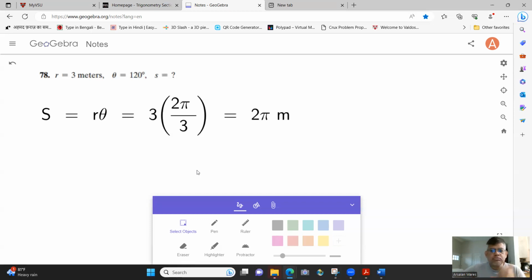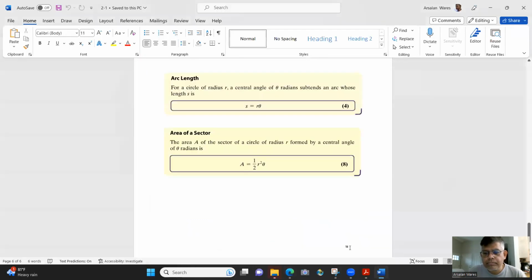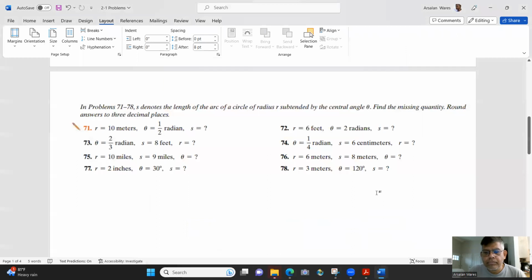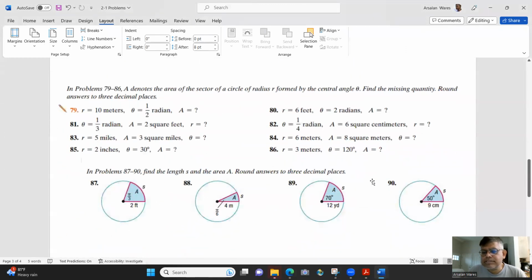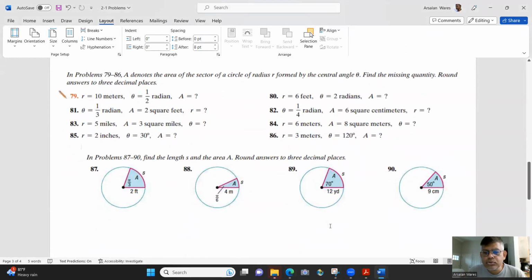All right, guys, let's move on and do a couple more from our book. All right, you're gonna see it's very, very similar. Now let's do a hard one, okay? 87 through 90. Find the length S and the area A, round your answer.